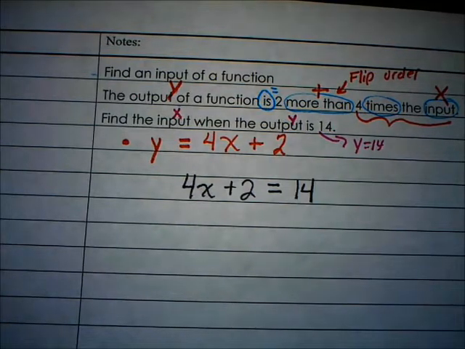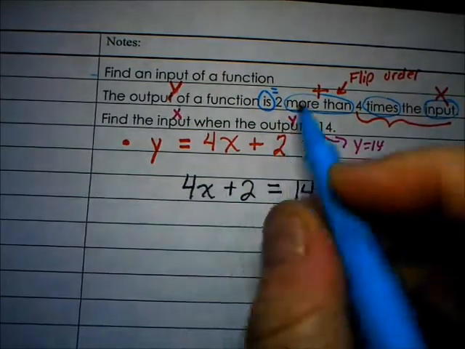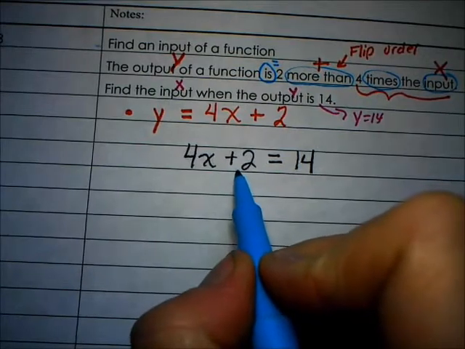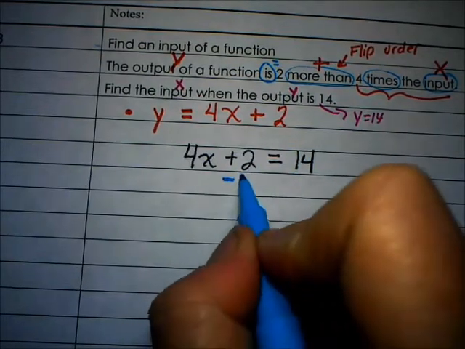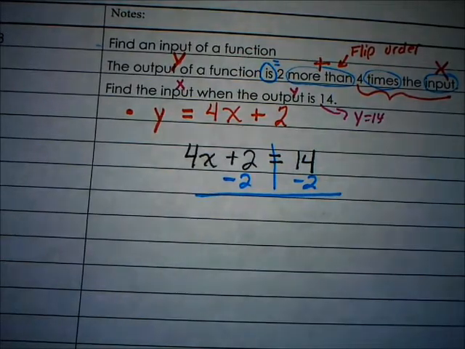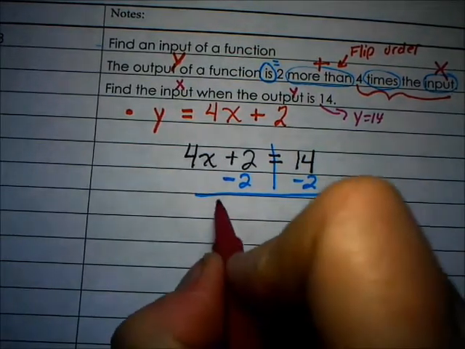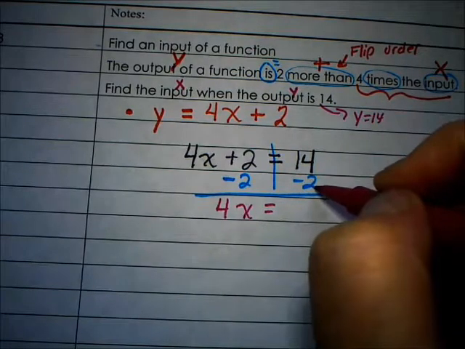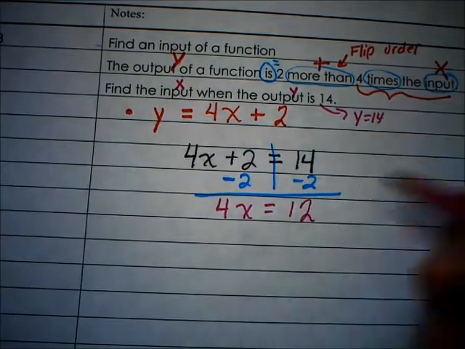Now I'm ready to solve it like what you did on the front page. 4x plus 2. Plus 2 is my last thing. I'm done with my adding, subtracting first. The inverse of adding is subtracting. Okay. That gives me 4x is equal to 14 minus 2, which happens to be 12.